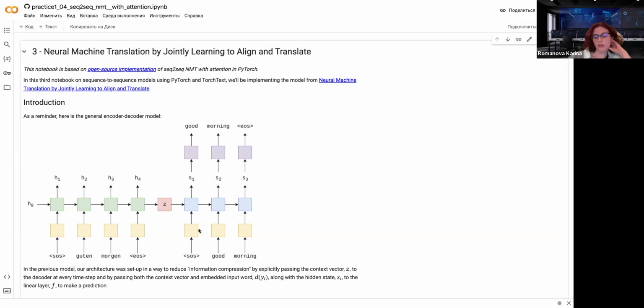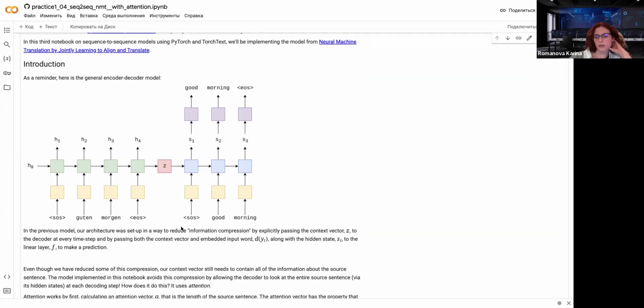The encoder part processes the input sequence and compresses it into a fixed-size context vector, and the decoder part uses this context vector to generate the target sequence one word at a time.